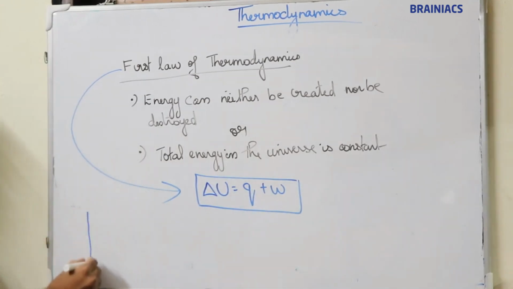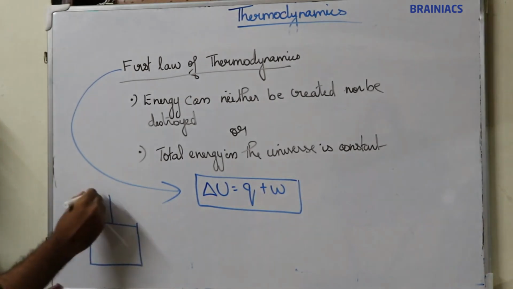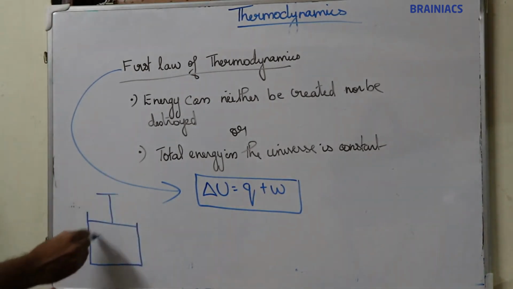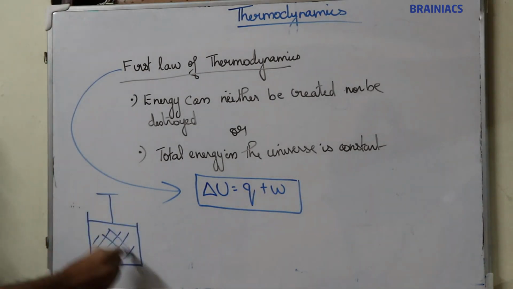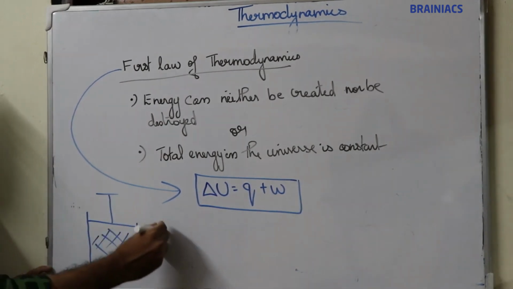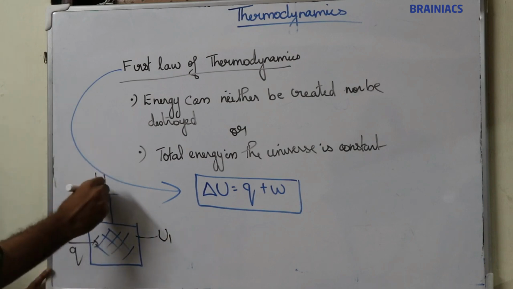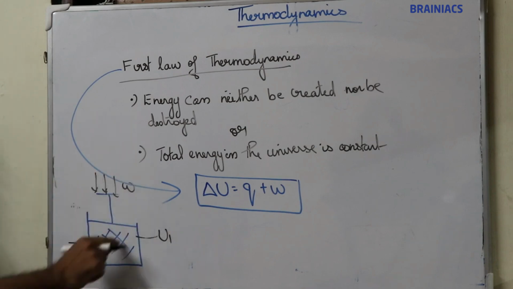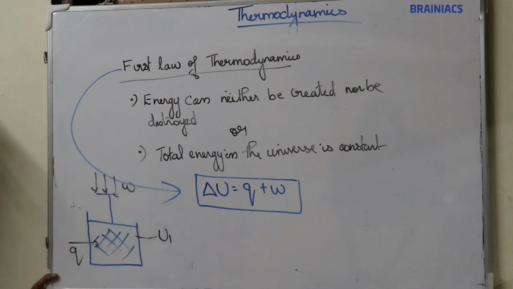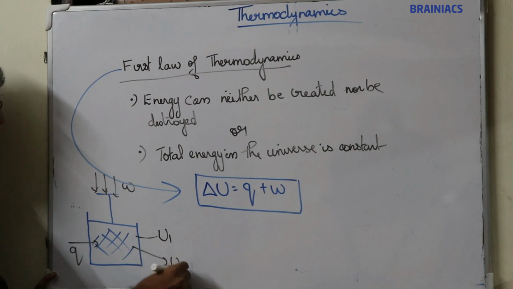Consider a cylinder with a frictionless movable piston. And the cylinder is filled with a gas. Let the internal energy inside this cylinder be U1. I am supplying heat energy and I am doing work energy. That means its internal energy will change to U2.